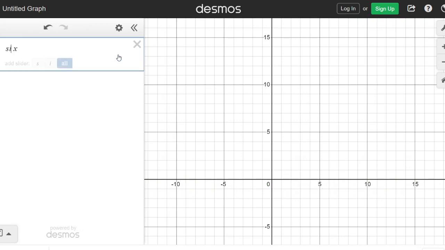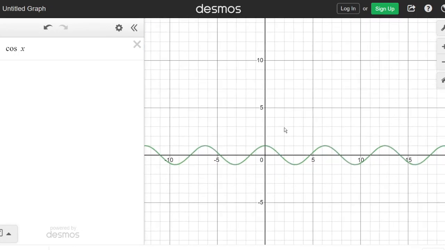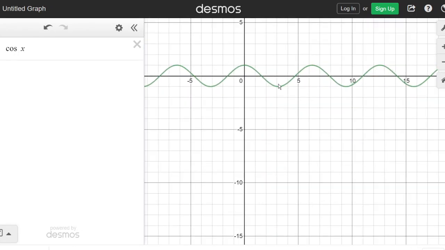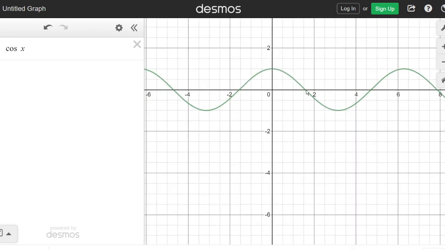Now we're talking about cos of x. The graph is something like that. If you label using multiples of pi, this point has x coordinate of half pi, right? This point has x coordinate of pi. You see some super important points on the graph.